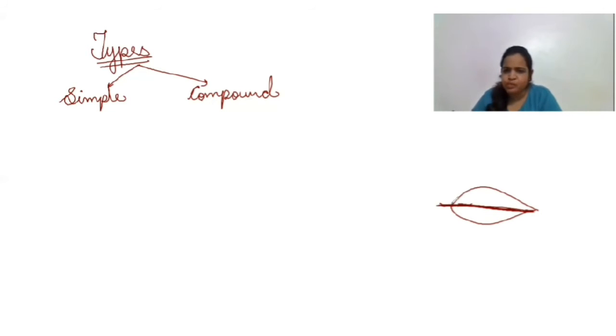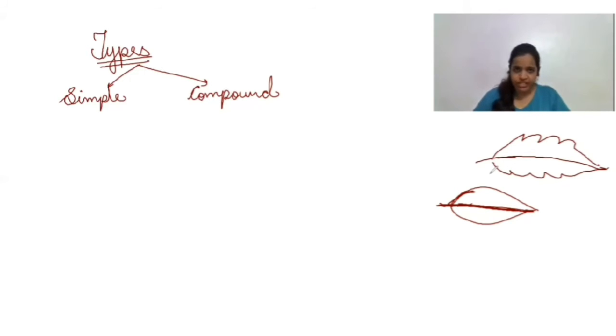They don't have this plain surface always. Sometimes they are of this shape also, like this. Different shapes of the leaves are there, but these incisions, means these cuts, should not reach to the midrib. These partitions should not reach to the midribs.